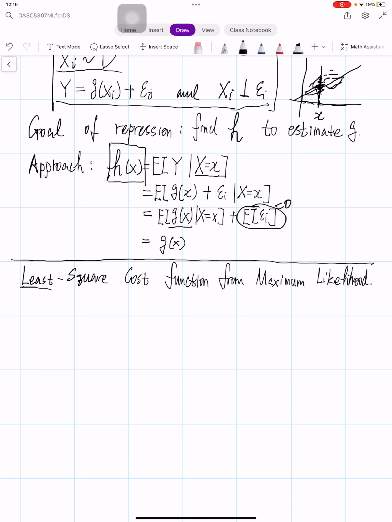The question we want to demonstrate here is, why do we apply the least square loss function when we apply it to regression problems?